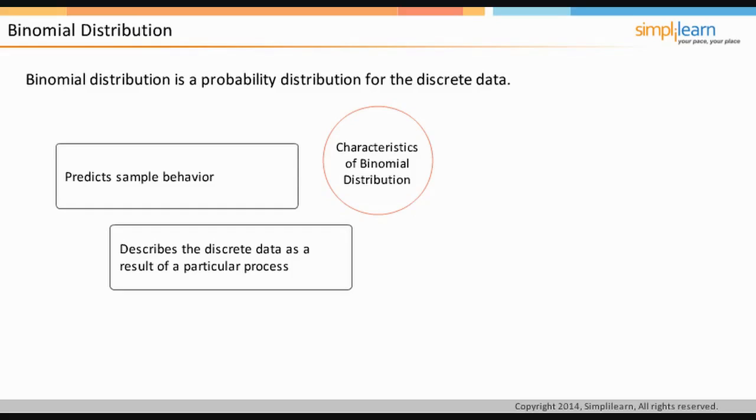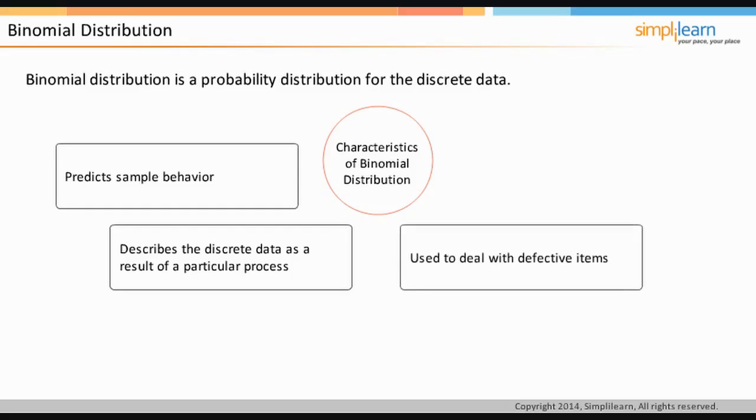A process is known as Bernoulli's process when the process output has only two possible values like defective or OK, pass or fail, and yes or no. Binomial distribution is used to deal with defective items. Defect is any non-compliance with a specification. Defective is a product or service with at least one defect.